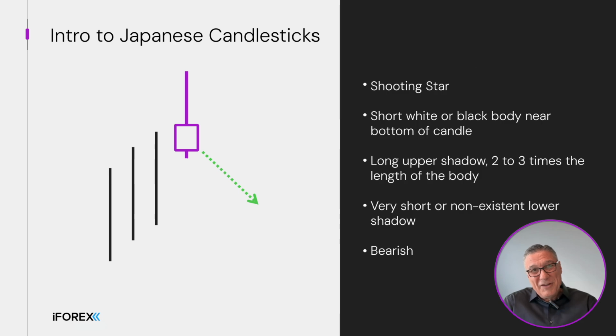And of course, the confirmation will come when the price falls below the low price of the shooting star. The shooting star on its own does not guarantee a bearish reversal. And I have to repeat that many times because this applies to all patterns. Excellent. So let's move to the next one.